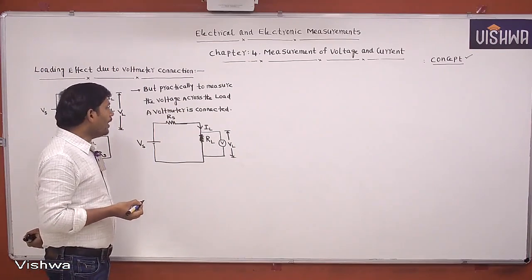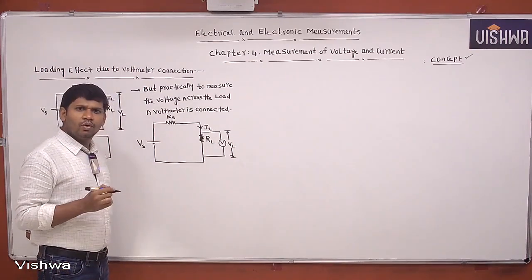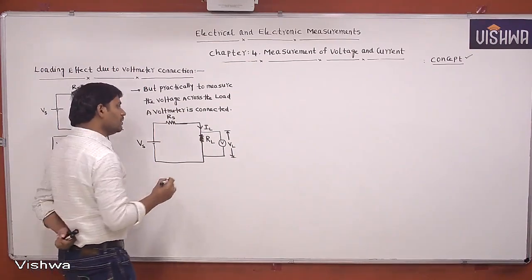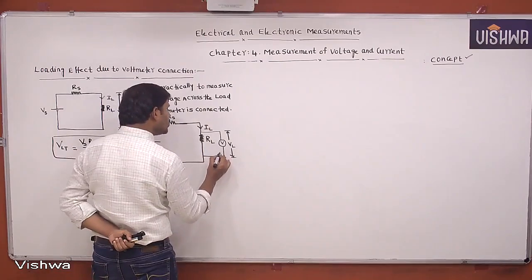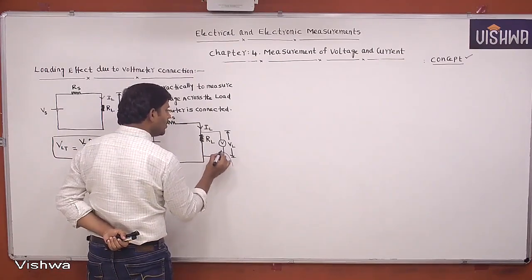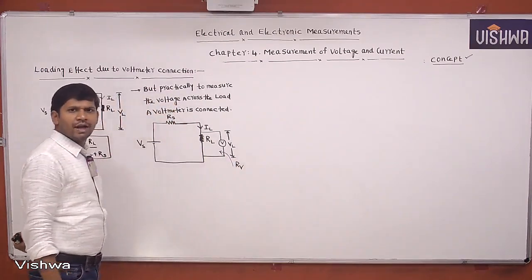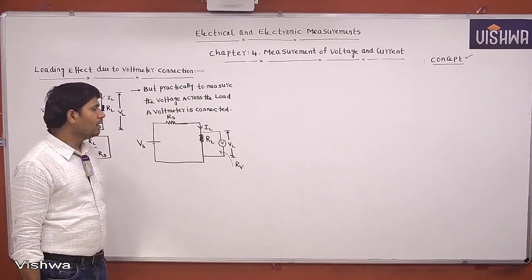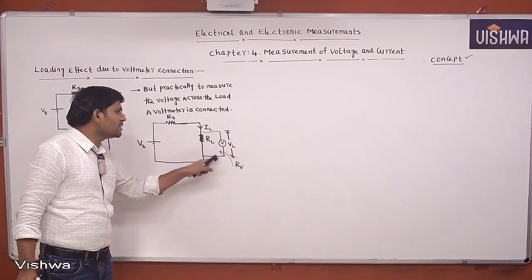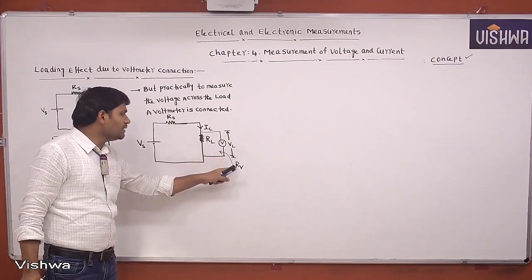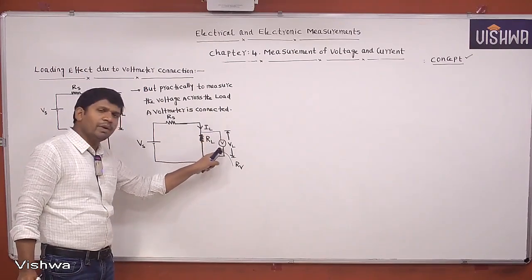But point to remember, whenever voltmeter is connected, this voltmeter also has some input resistance, and the input resistance of voltmeter is not neglected. This is a very high input resistance. Because of the input resistance of voltmeter, this resistance is in series with meter.